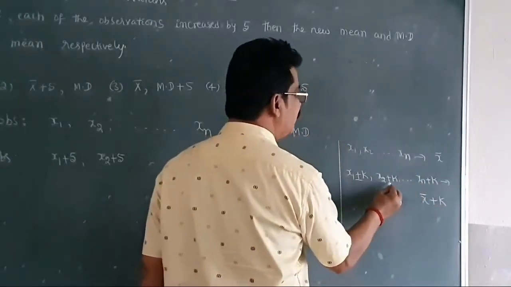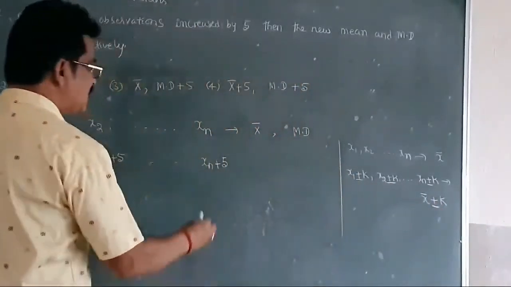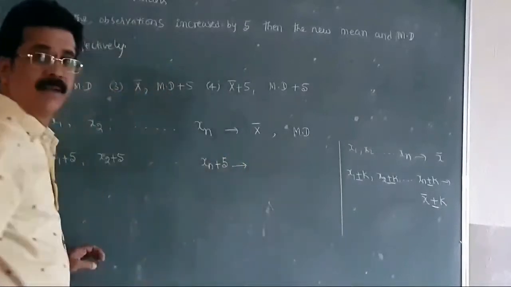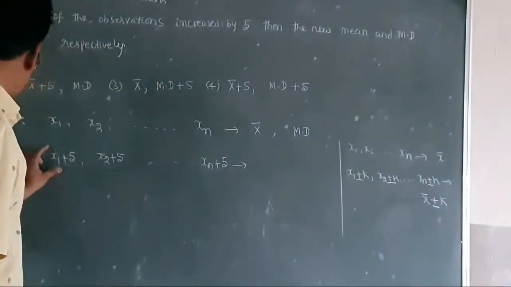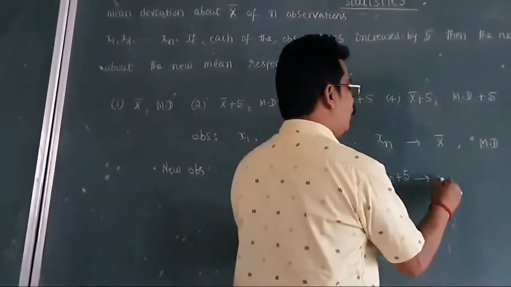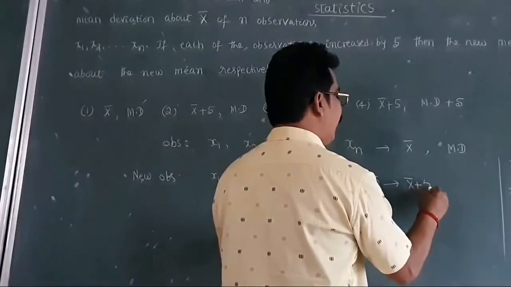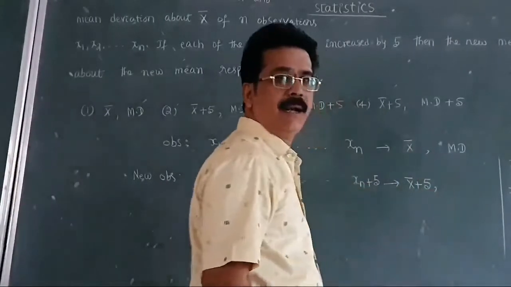If it is minus, it is also minus. In the same sense, the mean of the new data is old plus 5. Understand?